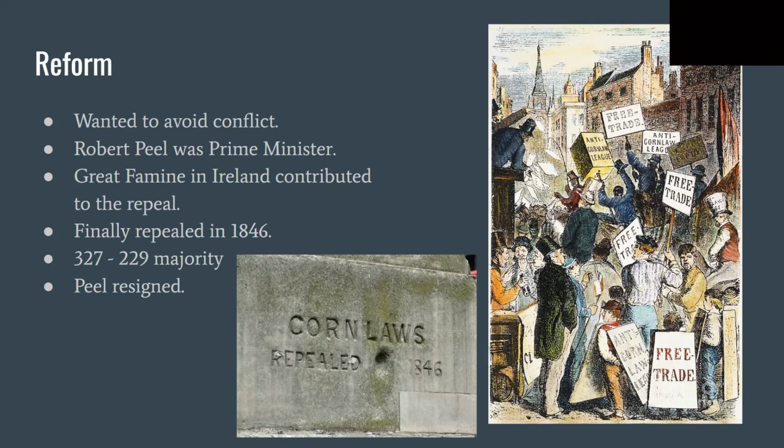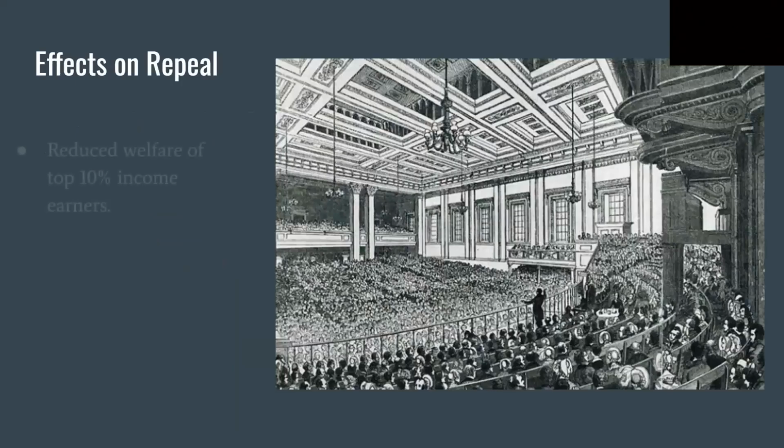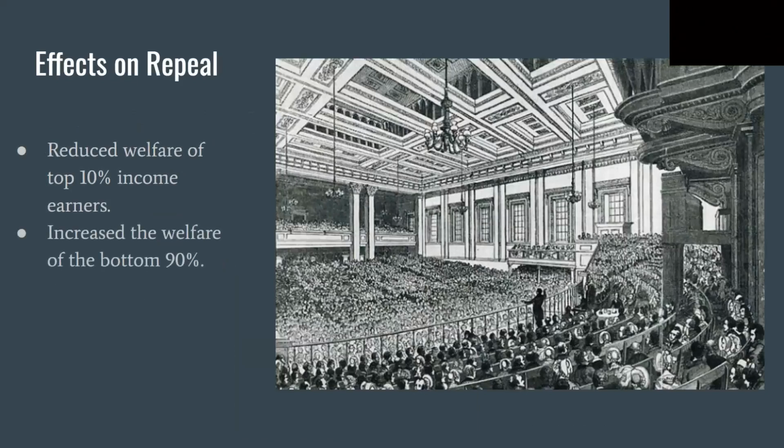Historians are still not sure why Prime Minister Peel made the seemingly irrational decision to sacrifice his government to repeal the Corn Laws. It is believed that Peel was primarily concerned with preserving the government from political unrest. The repeal reduced the welfare of the top 10% of income earners, the landowners, and increased the welfare of the bottom 90% of income earners, everyone else.